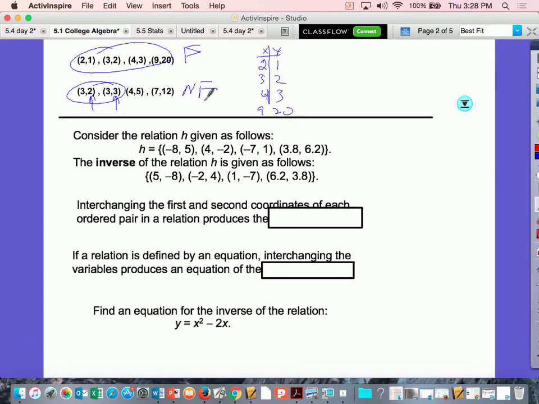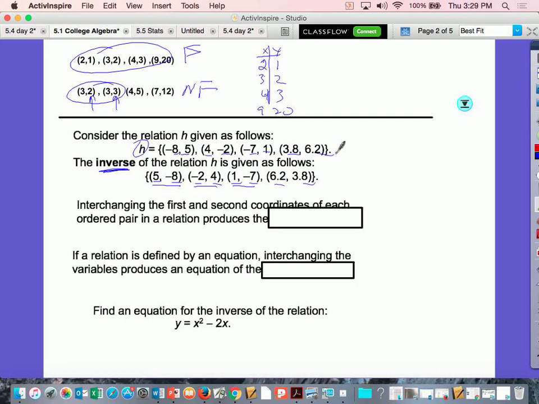So let's talk a little bit now about relations and some of the things that we might do with relations. It says, consider the relation given as follows. They named it H. If we want to talk about the inverse, it's not too tough. Just switch the x's and y's for every ordered pair in the relation.